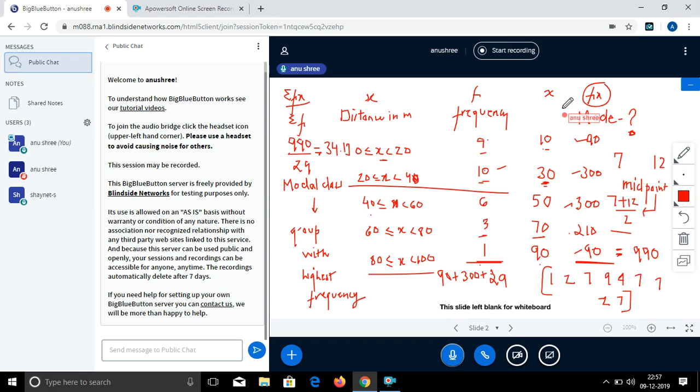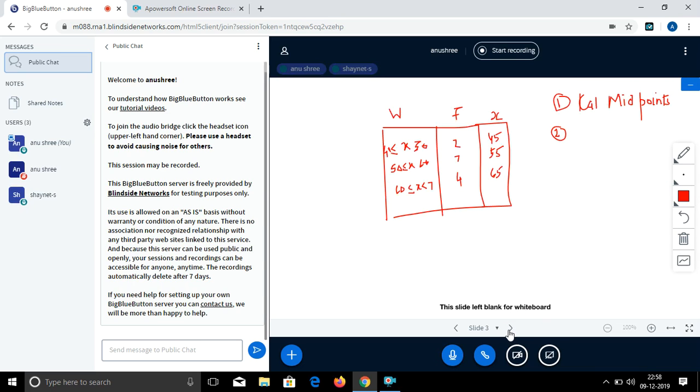Tell me, after calculating the midpoints, what was the next thing? Okay. The next thing is you have to calculate f into x for every row.